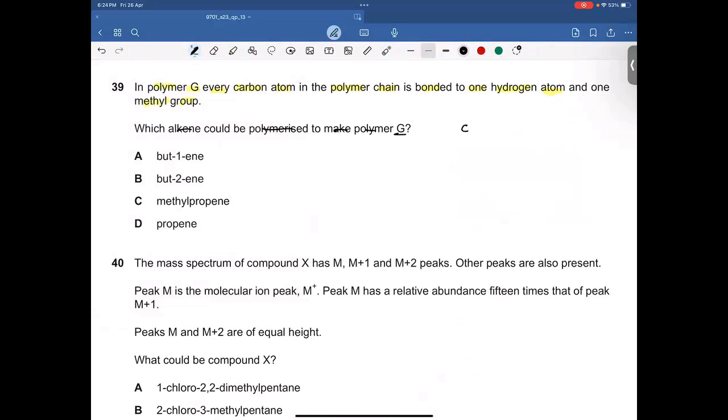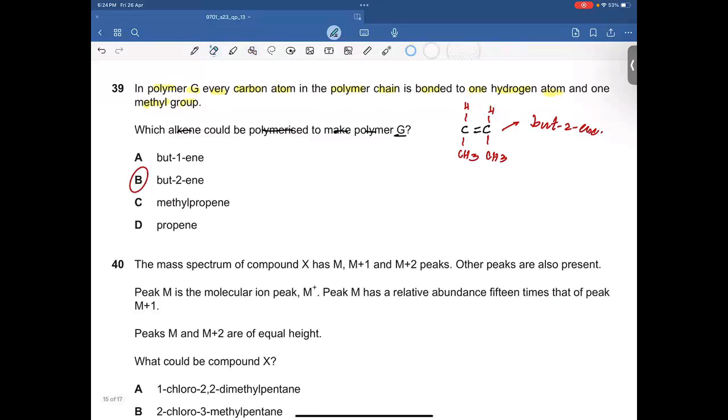So if we have an alkene monomer and it has one hydrogen and one CH3, then it means it's going to be butene. That's the only option left, and therefore B is going to be the right answer.